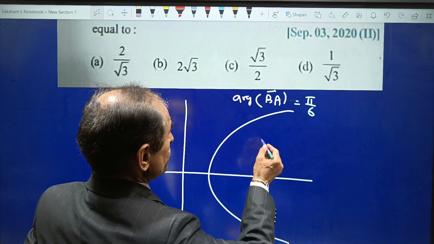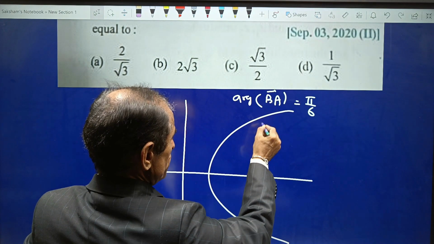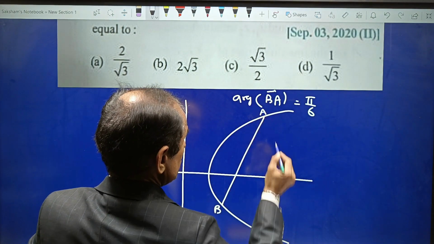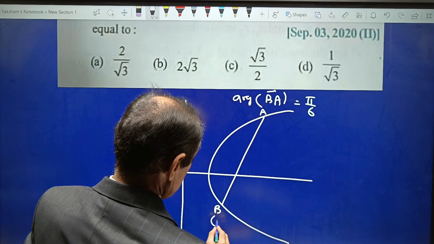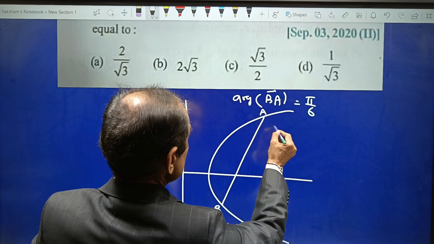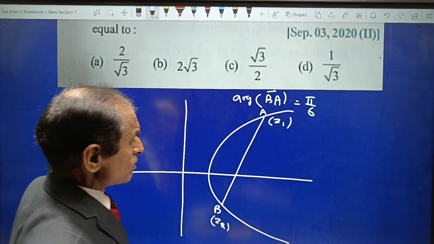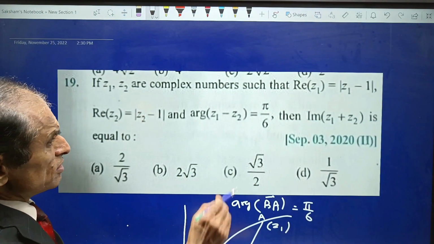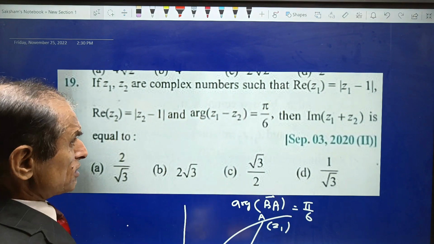Therefore, the figure formed will be of something of this type. B will be here, A will be here, Z2, Z1. That is, this figure satisfies all the three conditions.